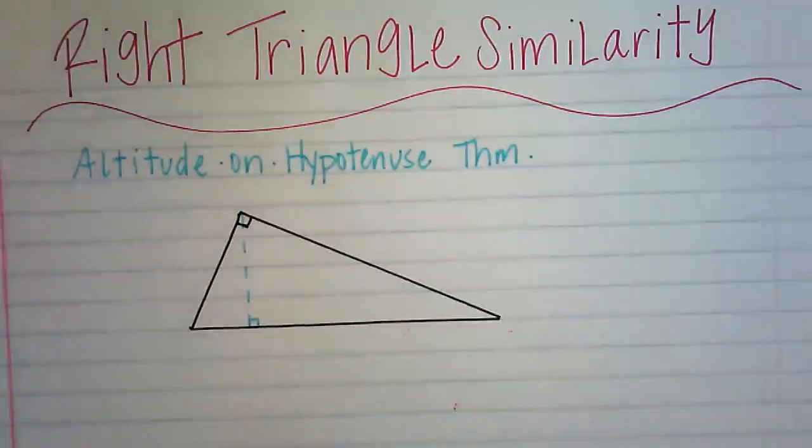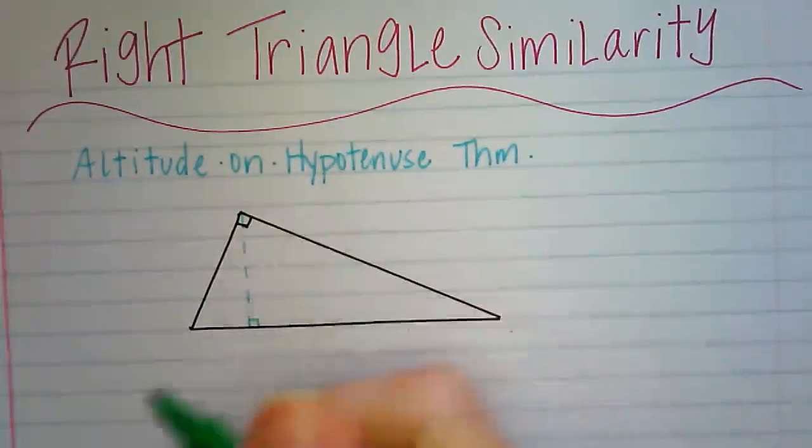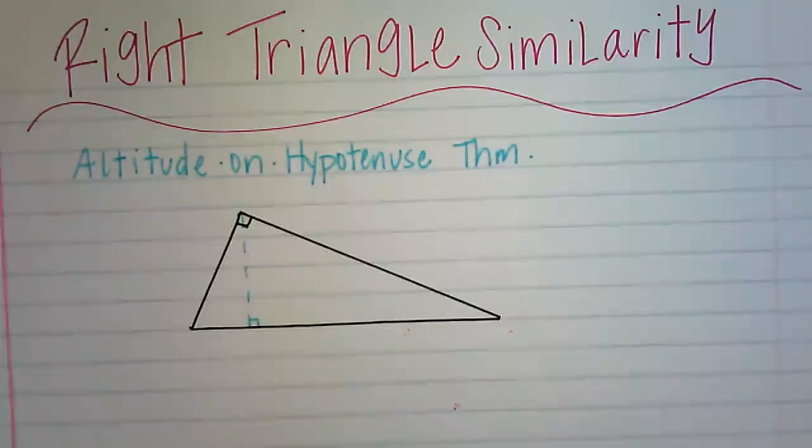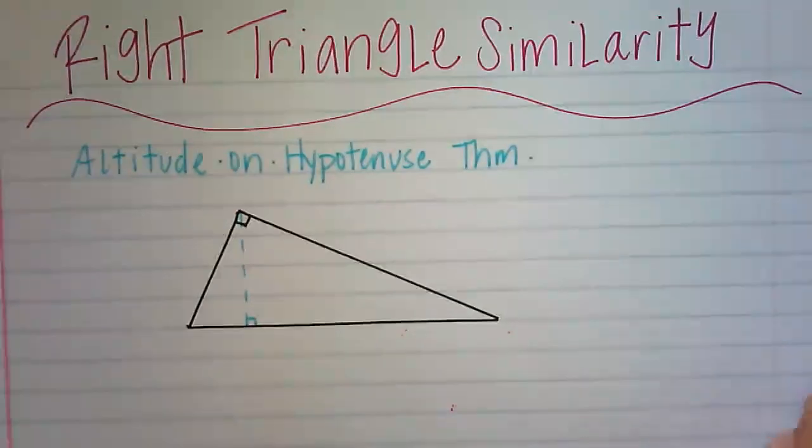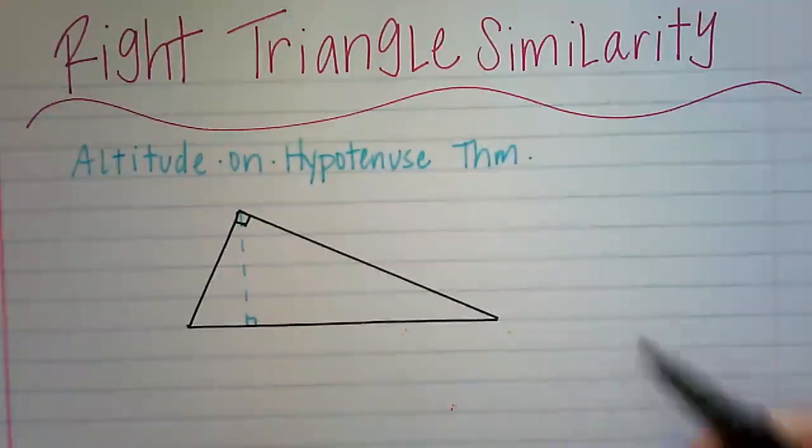This is what I want to show you, though. I'm going to do some color coding here. So let's use red, blue, and green. Papa Bear is this whole big triangle here. Let me go back here a second.